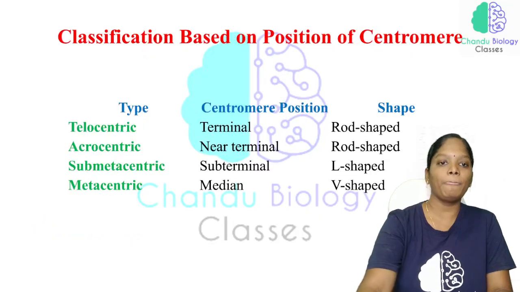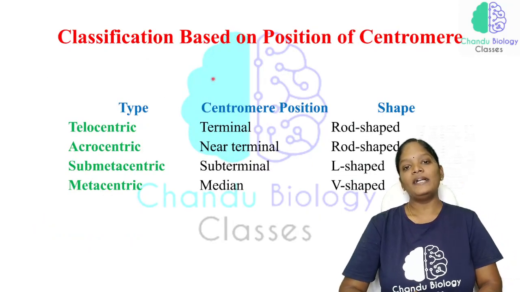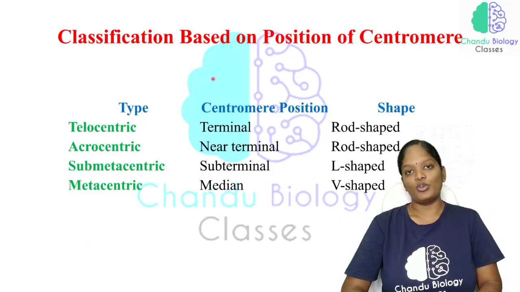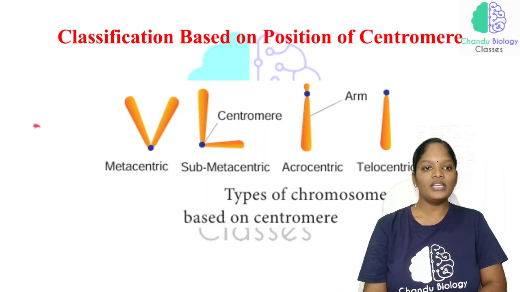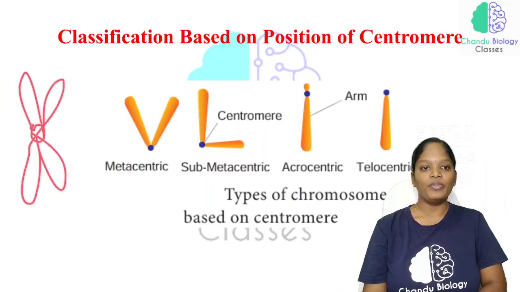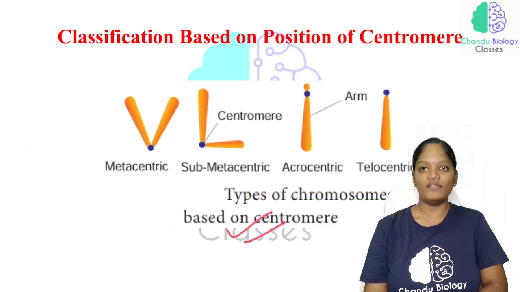Now you should know the shape of the chromosome based on the position of the centromere. This is a chromosome and this is the centromere. Based on the position of the centromere, we have different types of chromosomes.